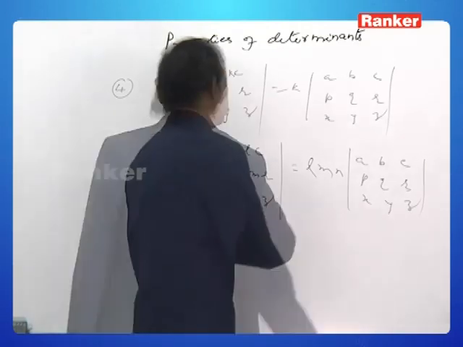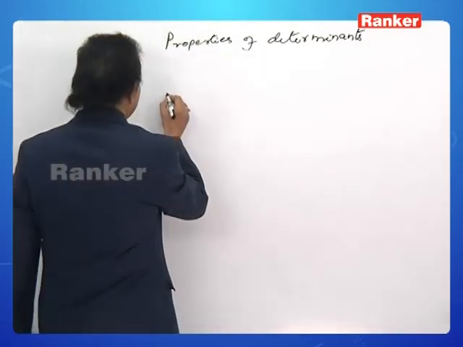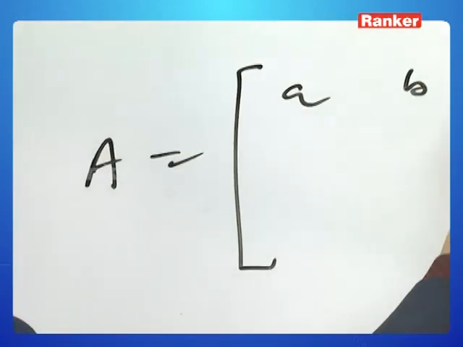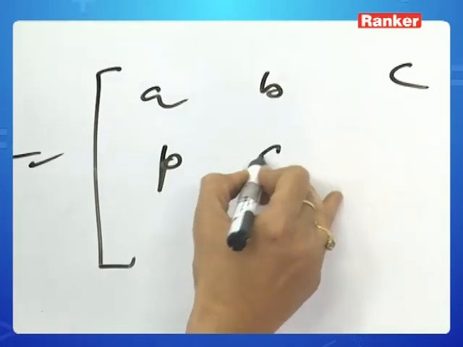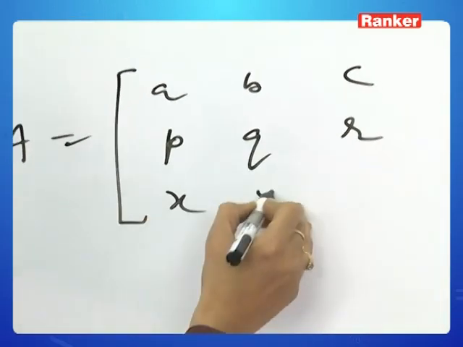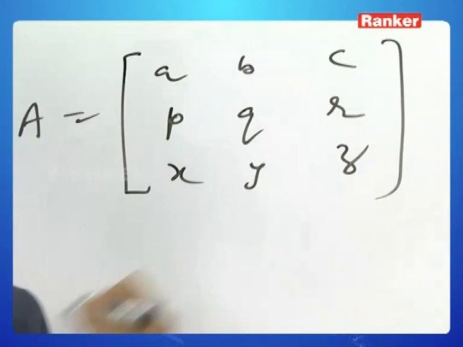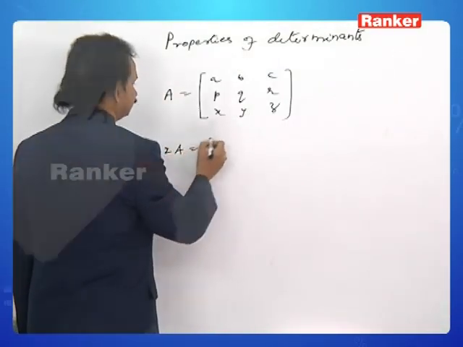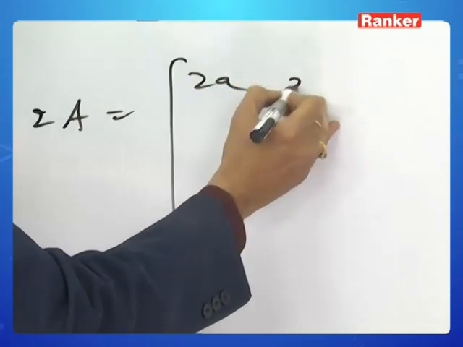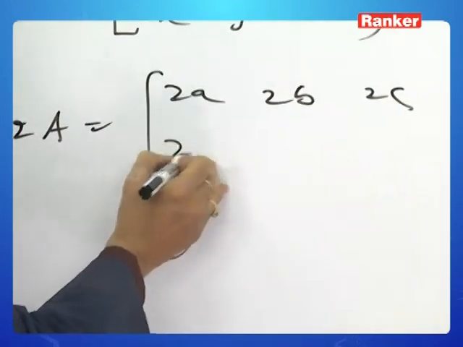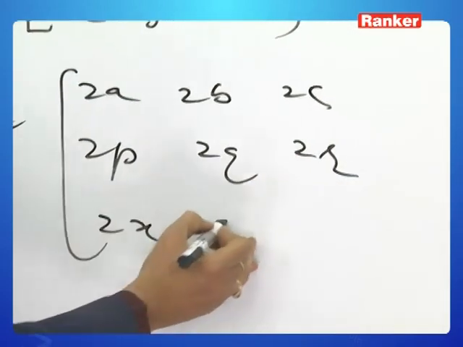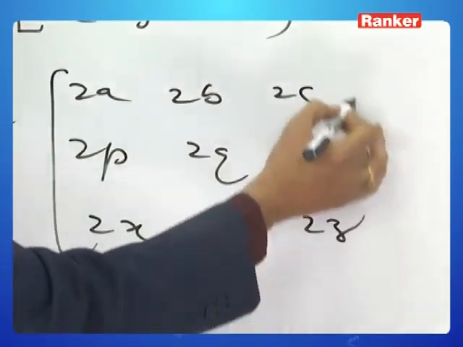Well, next, look here. A is equal to A, B, C, P, Q, R, X, Y, Z. What is 2A? 2A, 2B, 2C, 2P, 2Q, 2R, 2X, 2Y, 2Z.